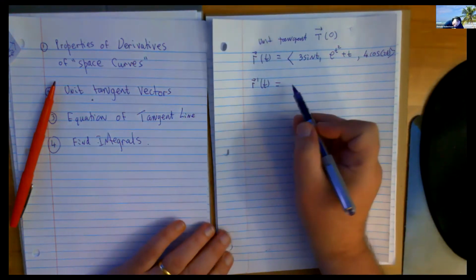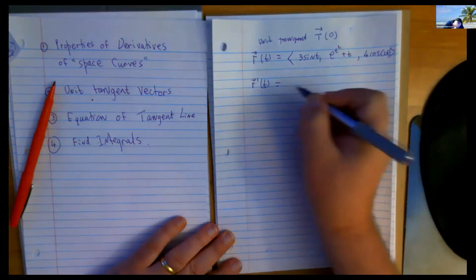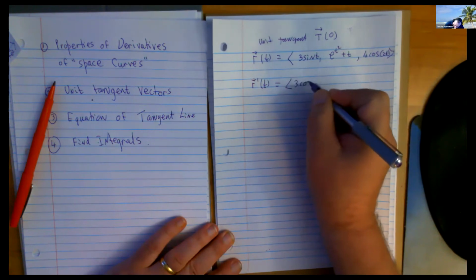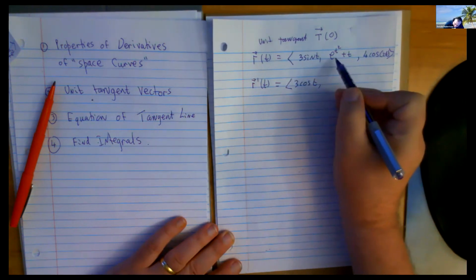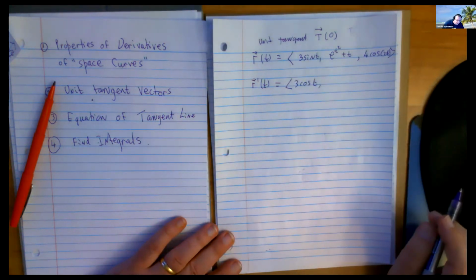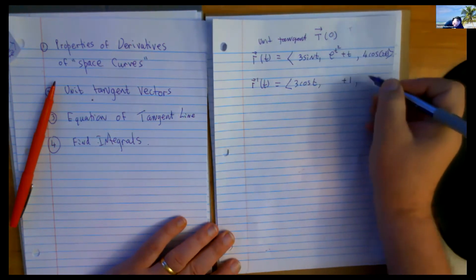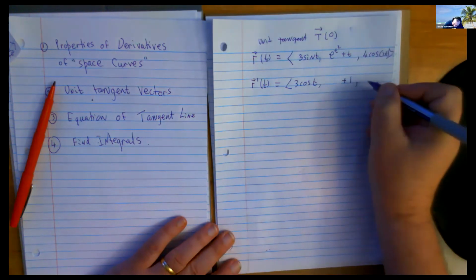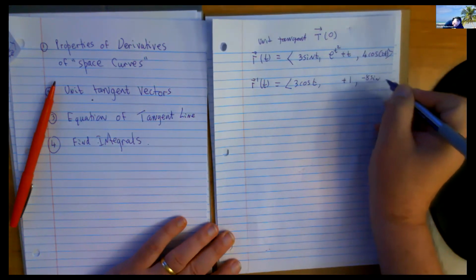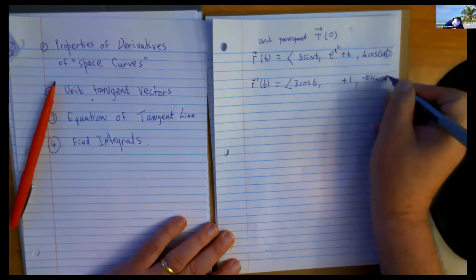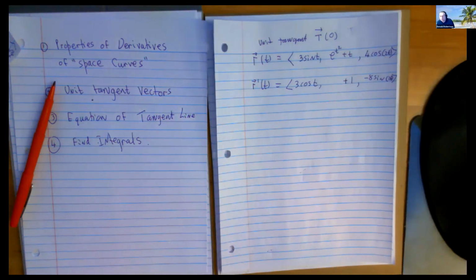So to get the unit tangent, we'll differentiate this guy, 3 cosine t. If you differentiate e to the t squared, what method will I use to differentiate e to the t squared? Chain rule.